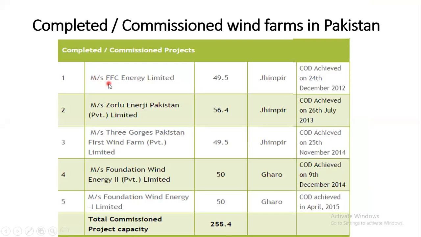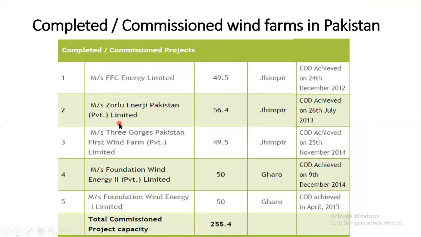M/S Fauji Fertilizer Company Energy Limited, 49.5 megawatts, not million dollars, it is megawatts. It is installed in Jhimpir, and COD was achieved on 24th of December 2012.